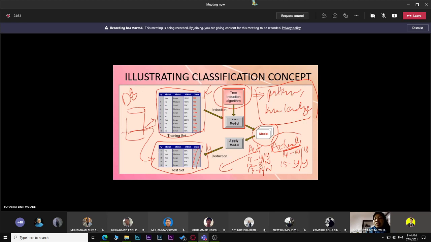Do you have any idea? This is the actual, and the second column is predicted.